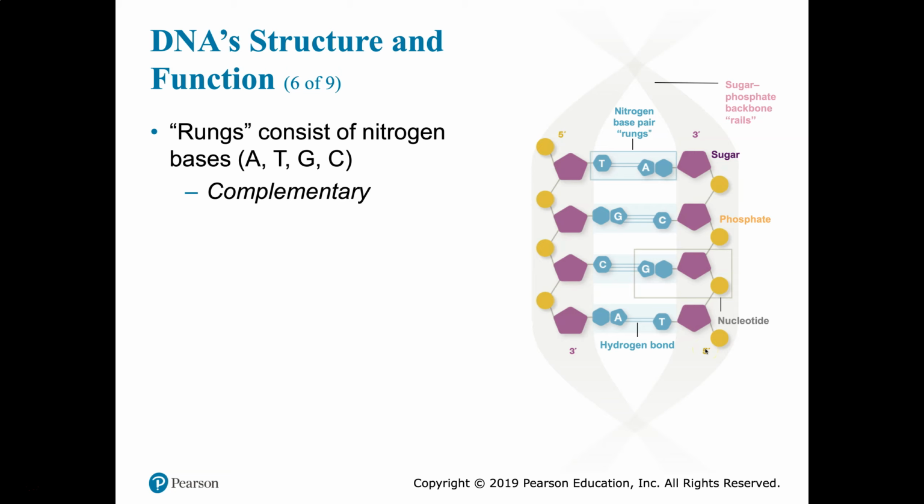So DNA, the strands, are opposite of one another, meaning they have directionality. And that's important, because if the strands were to run in the same direction, it wouldn't be able to interact with the other strand. So imagine this.